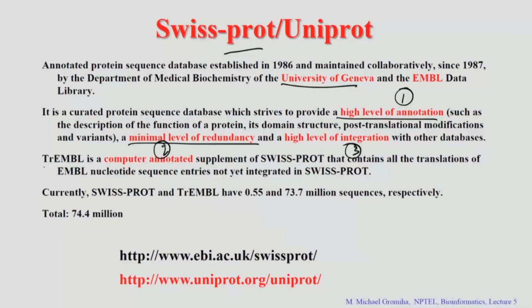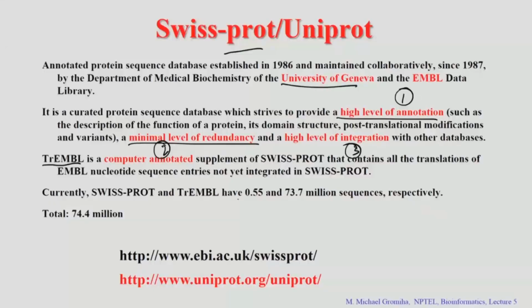This is the reason why there are several users for this particular database called UniProt. Then they have another supplemental database, TrEMBL, which has translated sequences, right. This is the computer-annotated supplement which contains all translations of the EMBL nucleotide entries which are not integrated into SwissProt. In SwissProt, they have manually curated the sequences and they provide very accurate information.